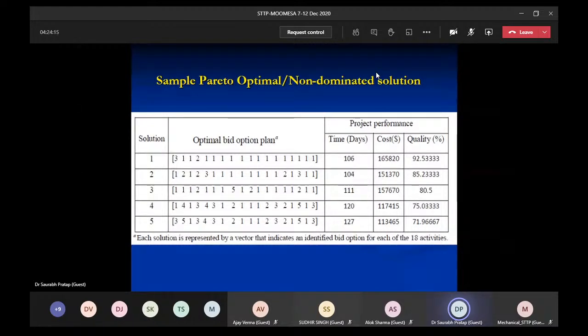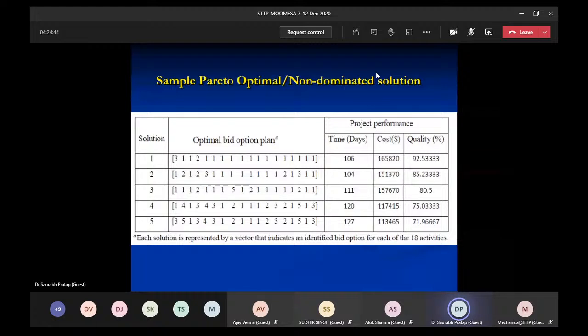Now the question will definitely arise: how can I say that all these solutions are solutions of the objective function? Whenever we handle single objective or multi objective problems with nature inspired or metaheuristic methods, it always gives an optimal or near optimal solution.